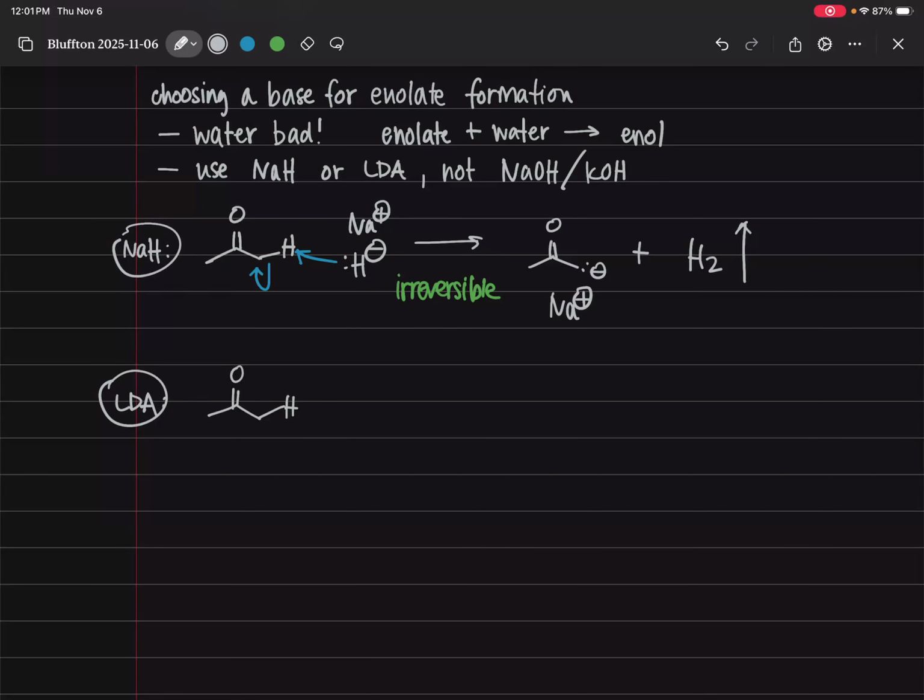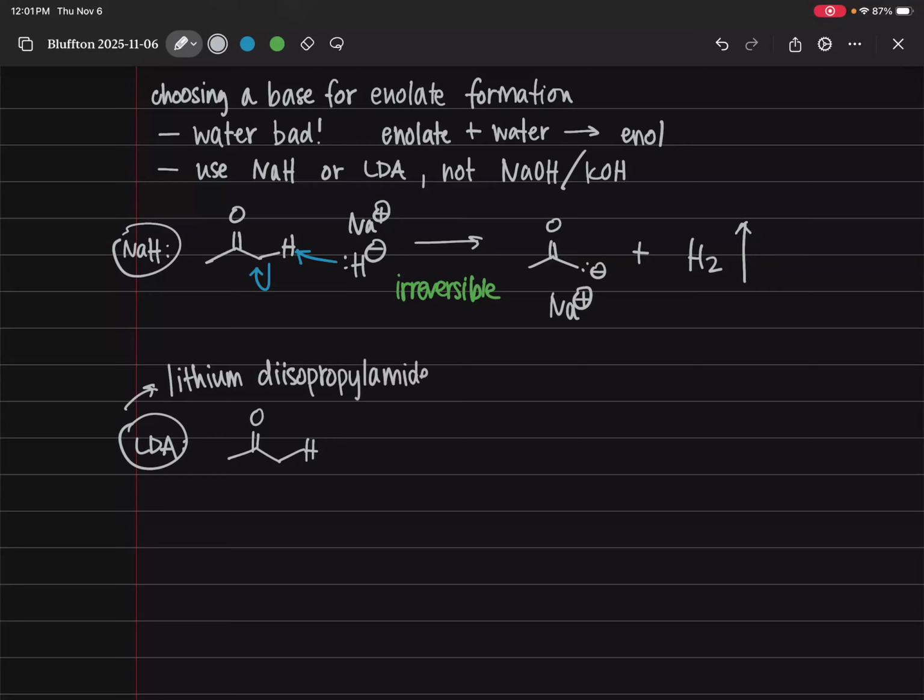But LDA stands for lithium diisopropyl amide, which interestingly enough does not have an amide functional group in the way that we've talked about it in the last chapter.